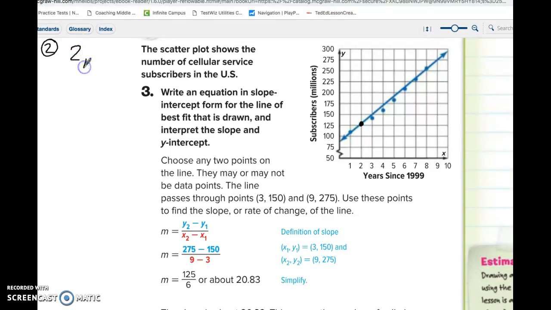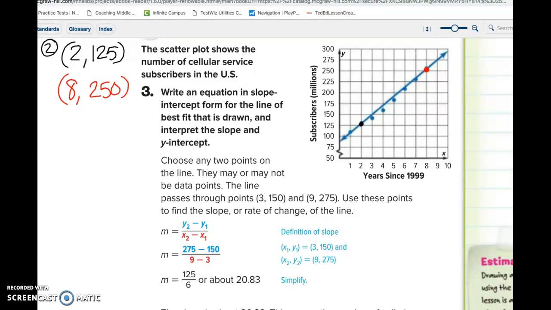Okay, so I have point (2, 125). That's one coordinate point. Then my second coordinate point, I'm just going to go over, it looks like they meet about right here. So my x is what? 8. 8 and 250. Okay, so that's my second point. So that is step number 2. I selected 2 points on the line of best fit.